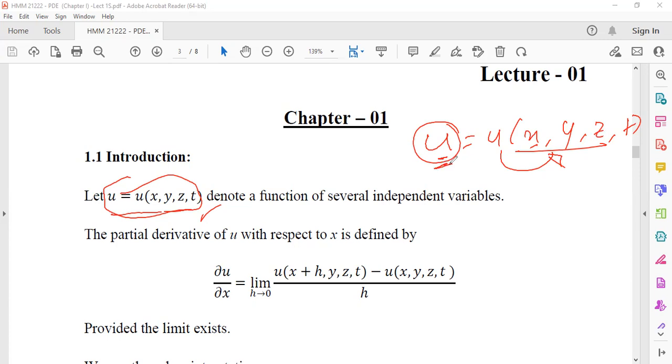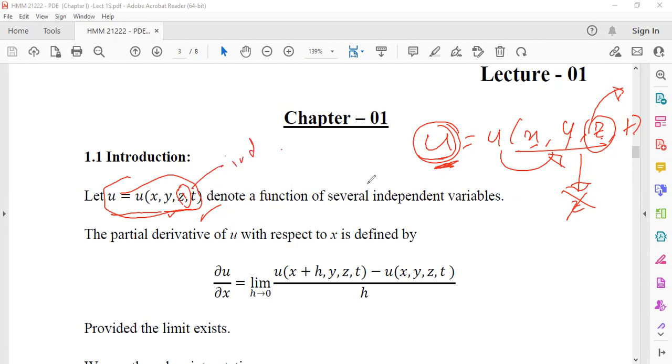So u is our dependent variable and x, y, z, t are the independent variables. Sometimes z can be taken as the dependent variable, if they don't take u. So don't confuse yourself. According to the question, they take different things. But here, these are the independent variables.